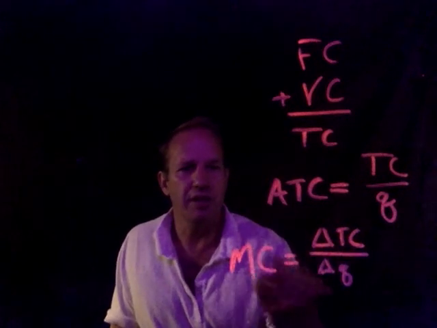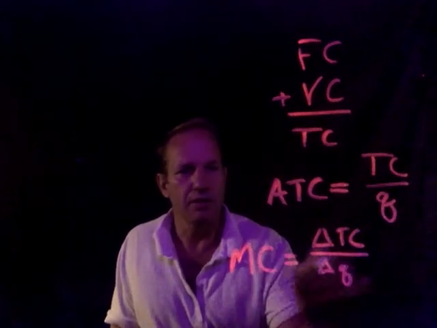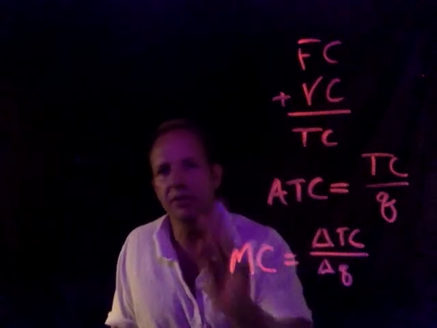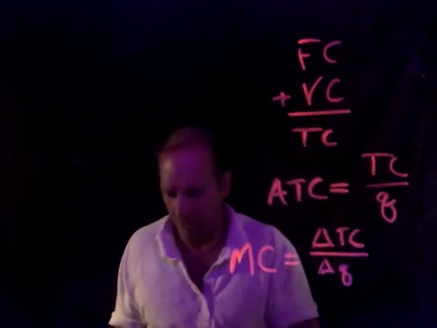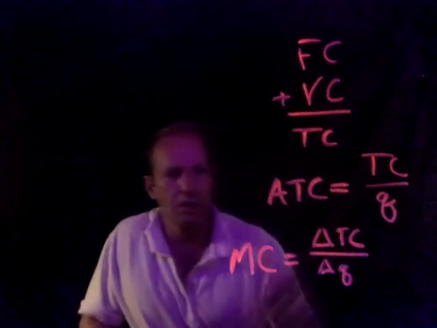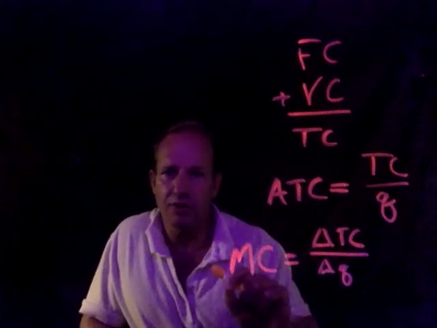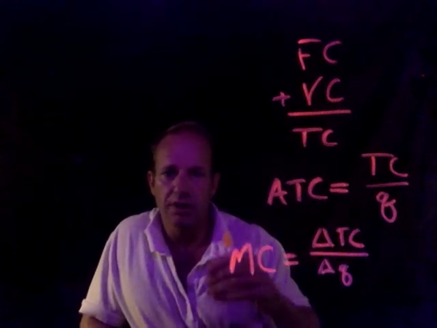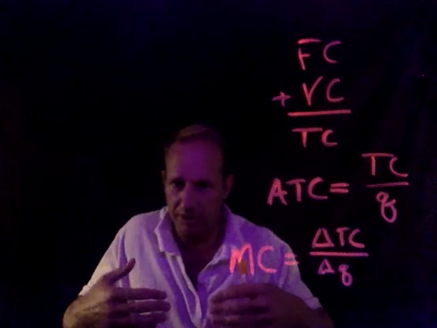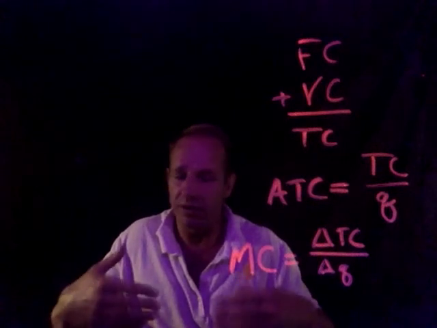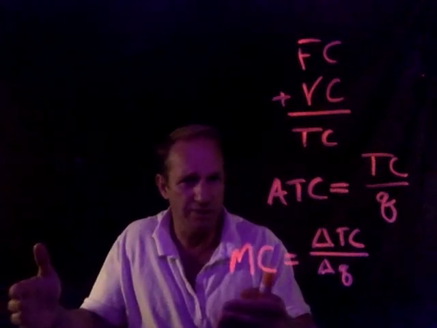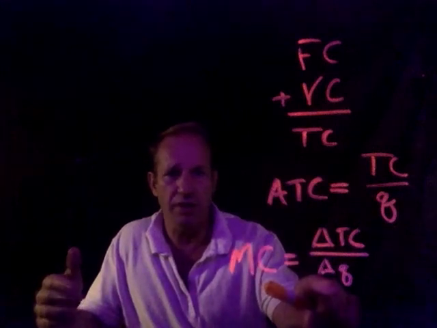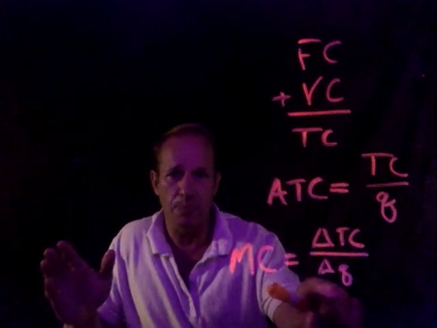So let me see, this is probably a little scary, but let's put it back to the restaurant thing. If things are slow, it's going to be a while before another table is served or another entree is going to come out of the kitchen. So the change in quantity is pretty low.